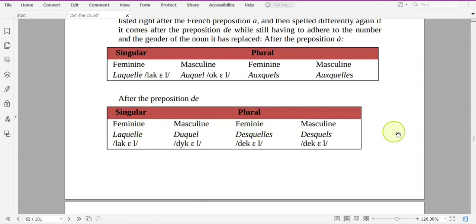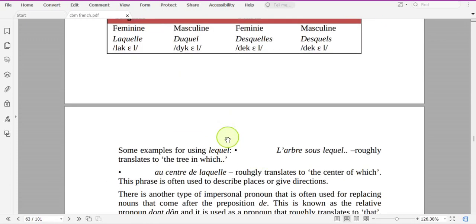Feminine, masculine. Laquelle, duquel, desquelles. Yes, for those who are not used to it, the S is not pronounced. Duquel, okay? Duquel.